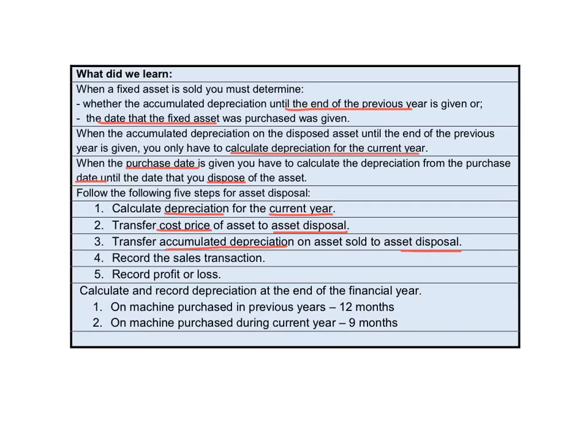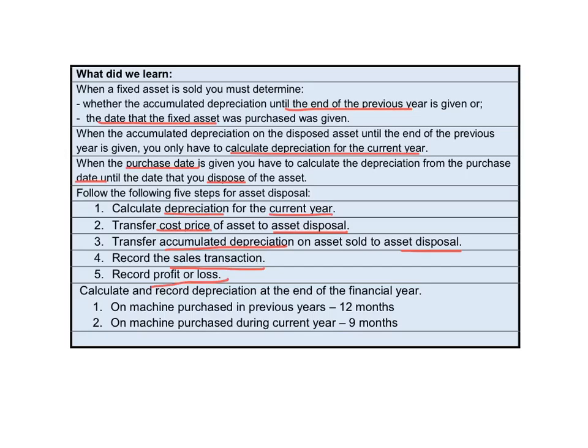Then we will record the sales transaction, determining whether the asset was sold for cash, on credit, or traded in. And after we recorded all 4 of those transactions, we can determine whether we made a profit or a loss.